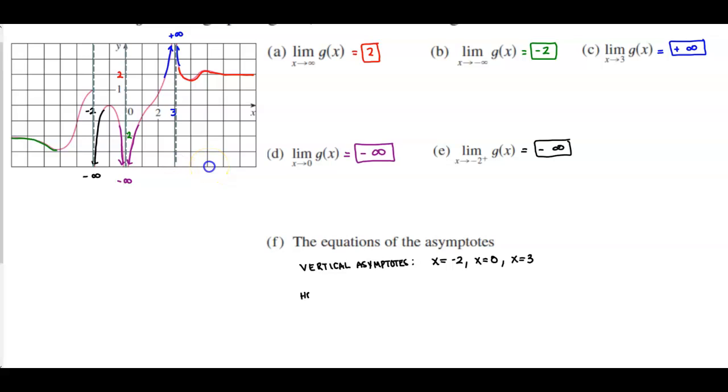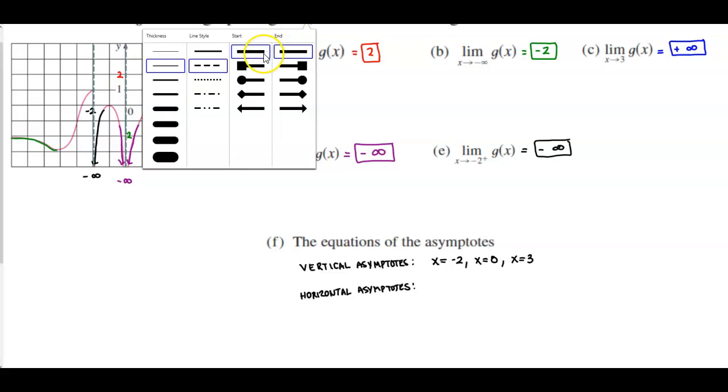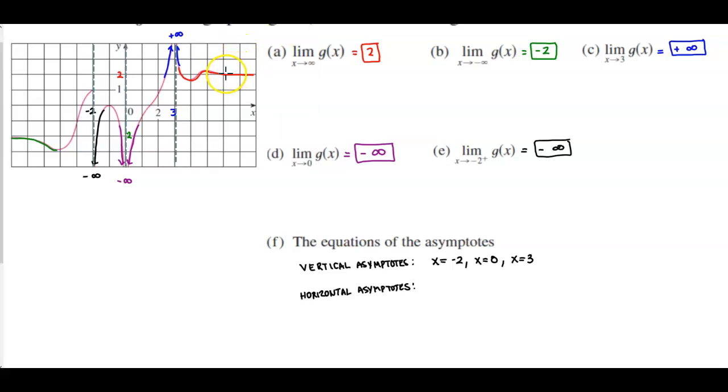And now where are the horizontal asymptotes? Okay, so the horizontal asymptotes, let's go ahead and do that. We can see here that it levels off at 2.